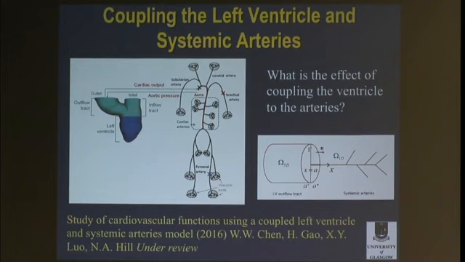So the cartoon illustrates what we do. Xiaoyu Luo and Hao Gao and also other colleagues, Boyce Griffith in the States, who was a student once of Charlie Peskin's, have an immersed boundary finite element model for at least part of the left ventricle here, and then they put on outflow tracts.